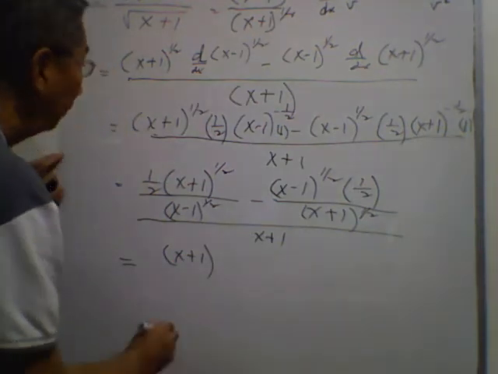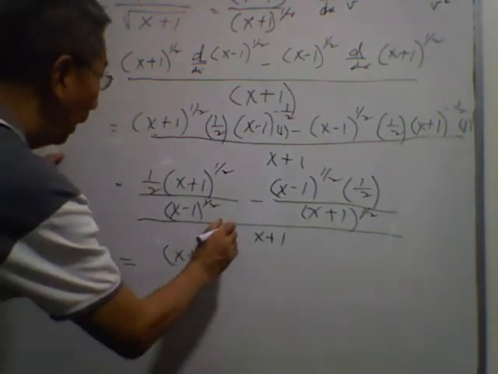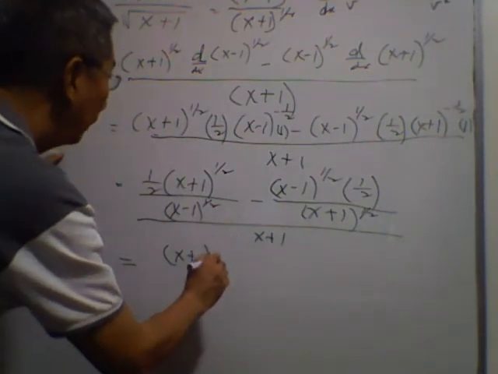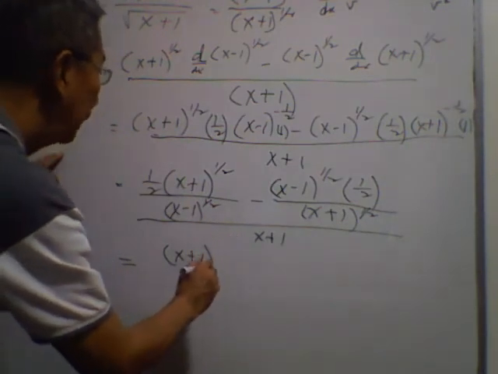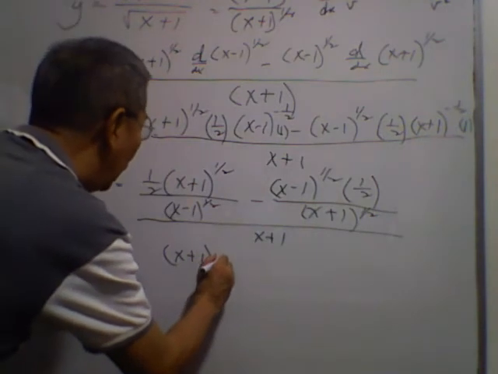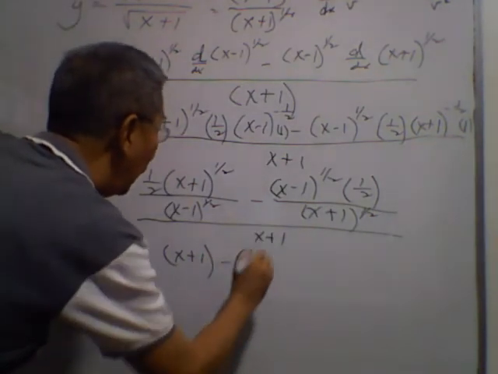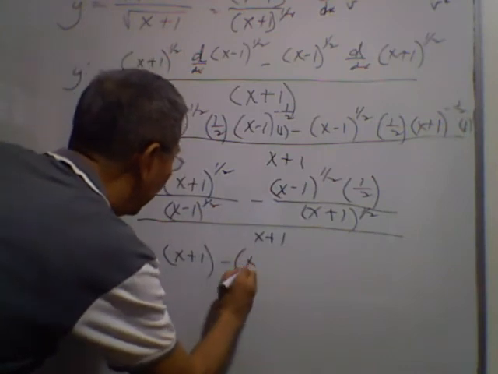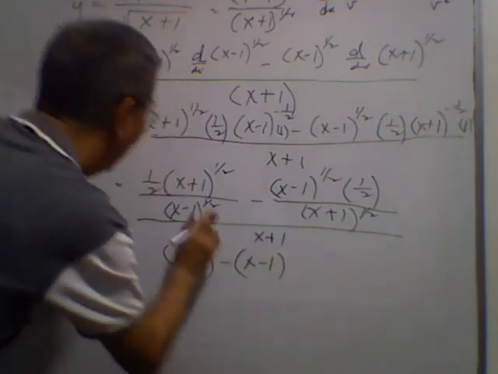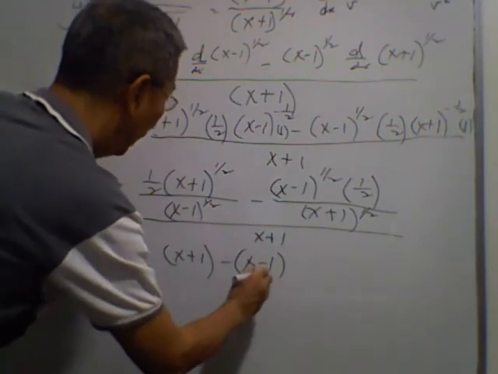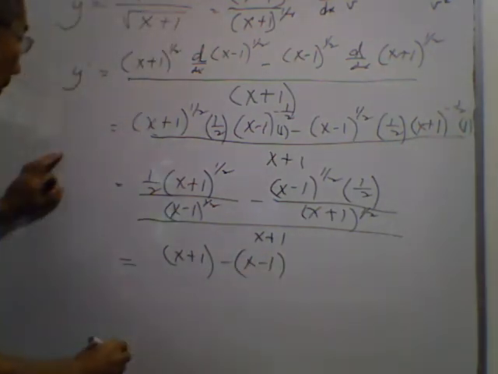And we're going to copy x plus 1 raised to 1 and minus x minus 1. x minus 1 times x minus 1 raised to 1 half is equal to x minus 1, that will become a whole.